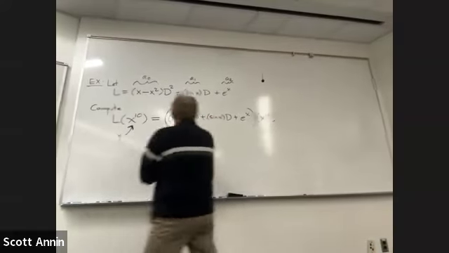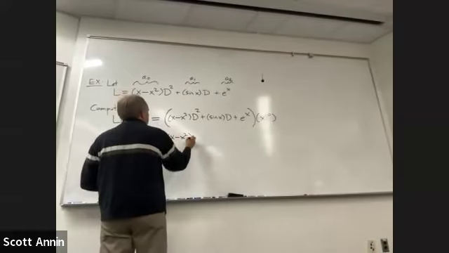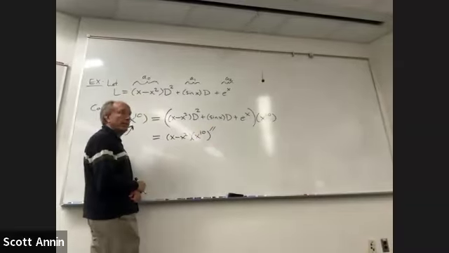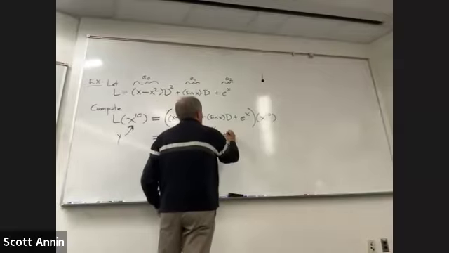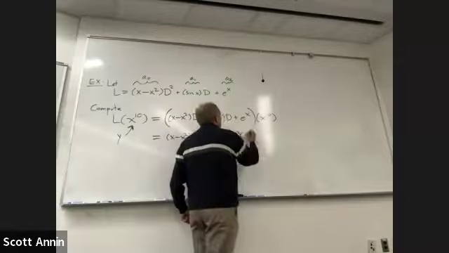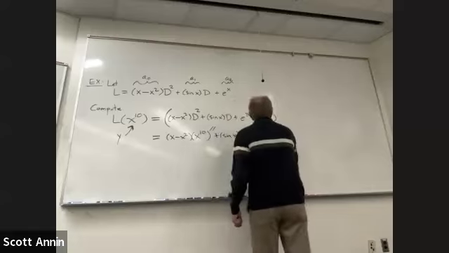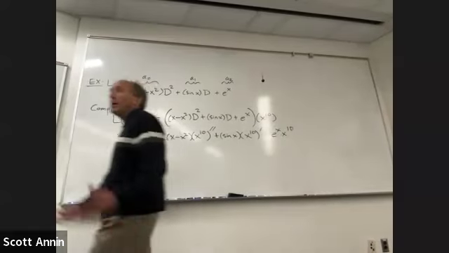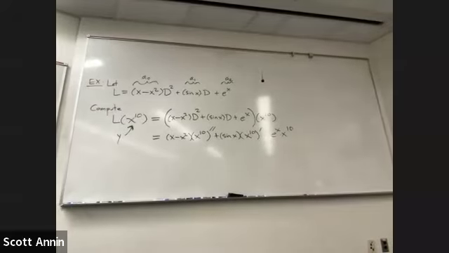So it's going to be x minus x squared times 2 derivatives of x to the 10th. And then plus sine of x times 1 derivative of x to the 10th. And then plus e to the x times x to the 10th. That's basically what it is.